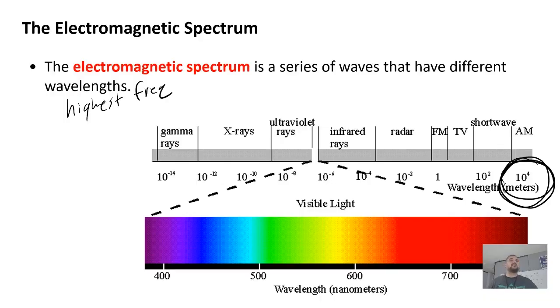AM is the longest wave. And if the wave is longer, does it have a higher or lower frequency? So this is going to be the low frequency side. This side is high frequency, this side is low frequency. With regard to wavelength, which one has the longest wavelength? All right, so here we have our longest wave. And then what about gamma? That's our shortest wave.